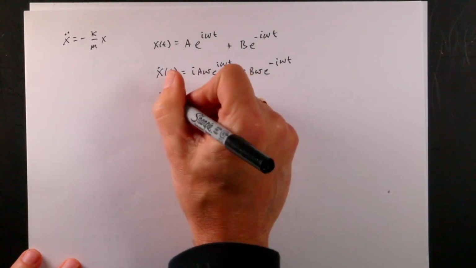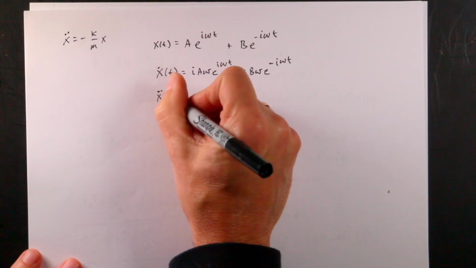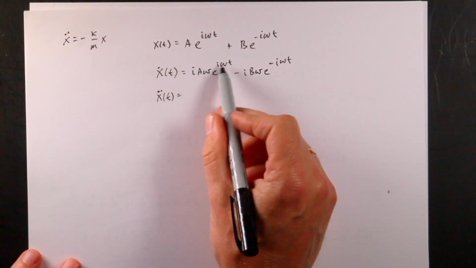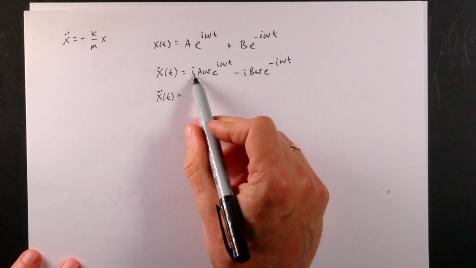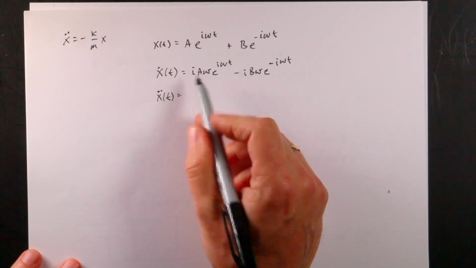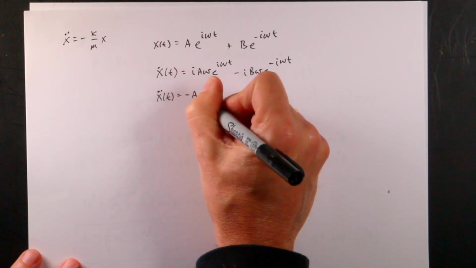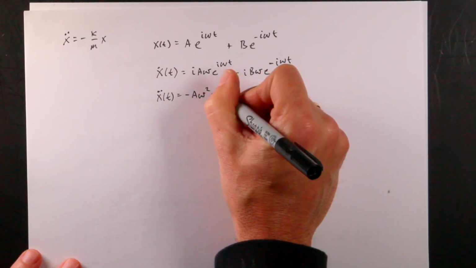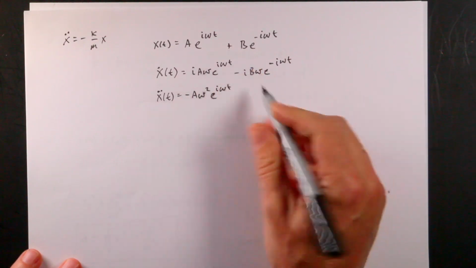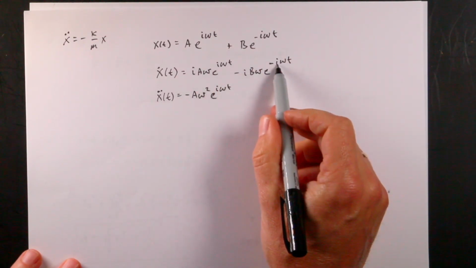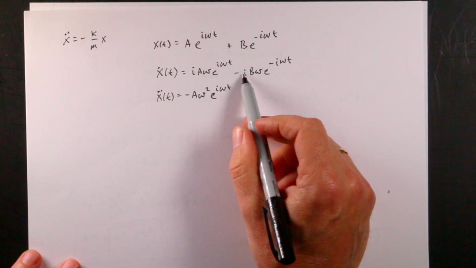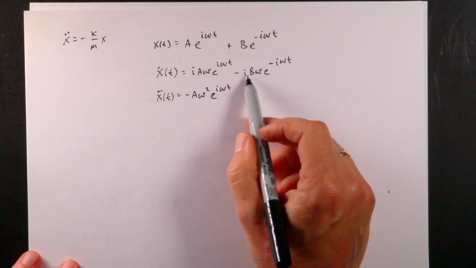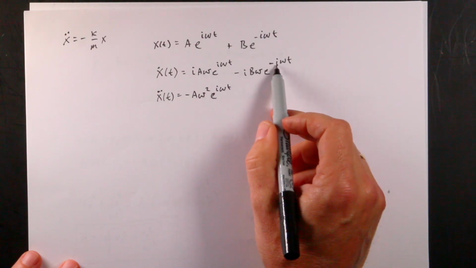Now let's take the derivative again. X double dot as a function of time is going to be equal to, now I'm going to get another i omega. So i times i is negative 1. So I get negative a omega squared e to the i omega t. And then here I get another negative i, so negative times negative is a positive, and i times i is negative 1.